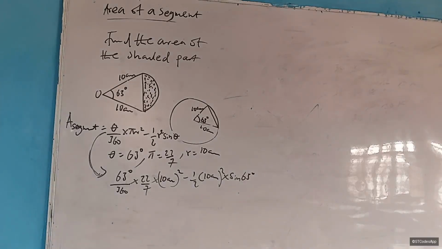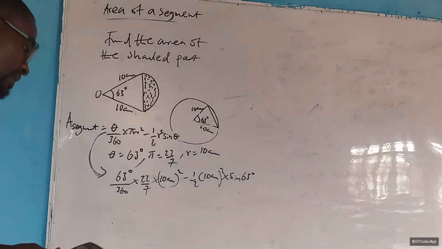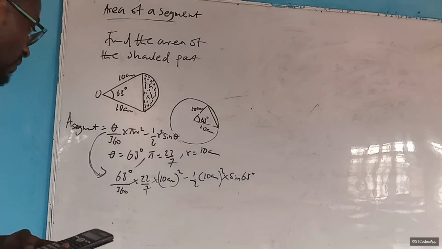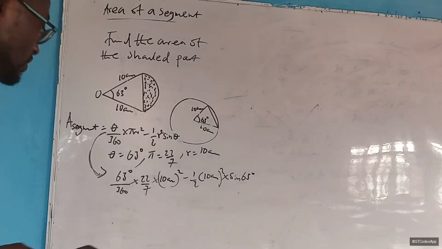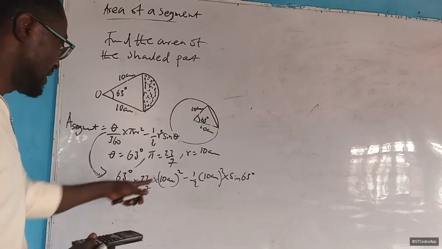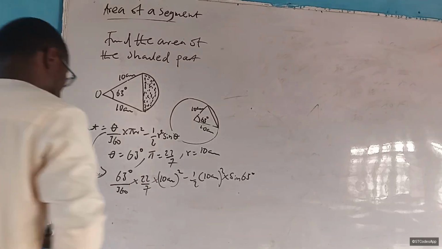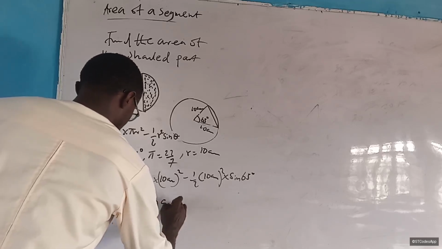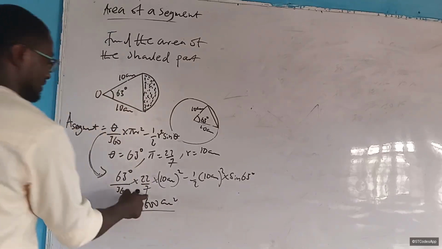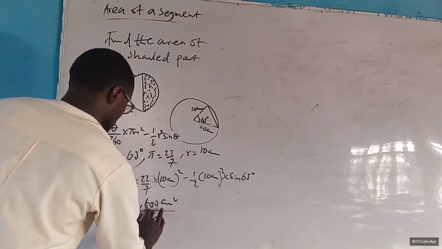So how do you go about that? The square of 10 centimeter gives us 100 centimeter squared. That 100 centimeter squared multiplied by 22 gives us 2,200. Then multiplying that 2,200 by 63 gives us 138,600 centimeter squared, all over 360 times 7, which gives us 2,520.